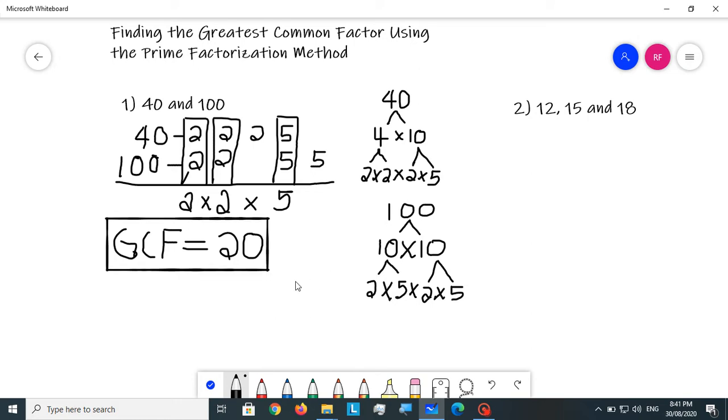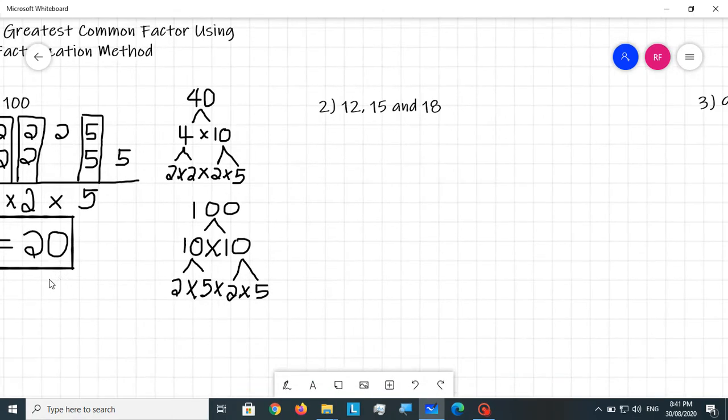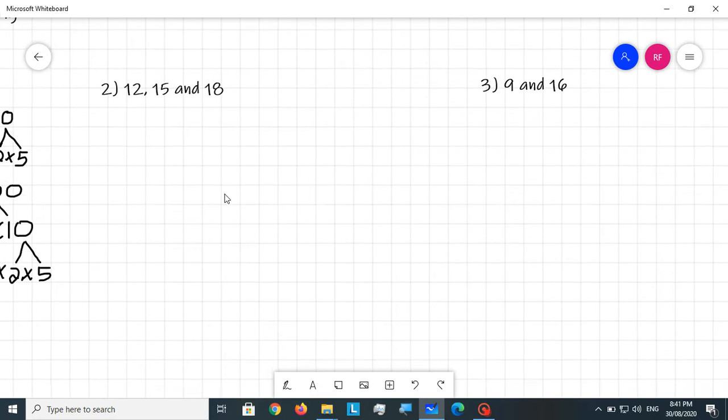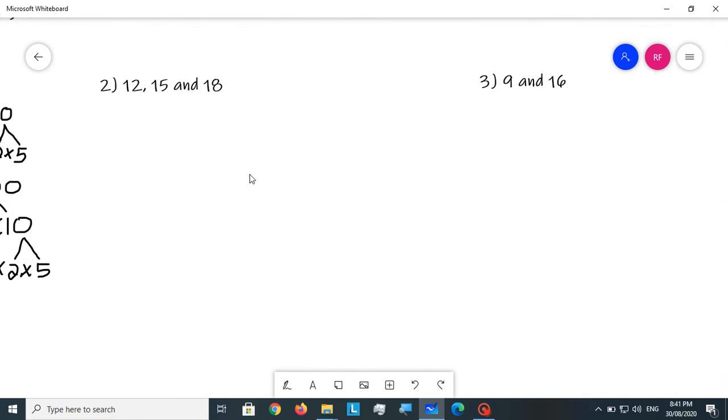Okay, so let us proceed to the next example. Here we have 12, 15, and 18. First, let us prime factorize those numbers.